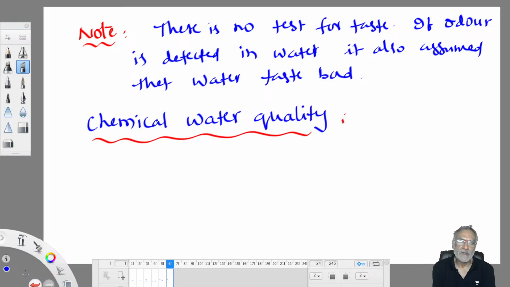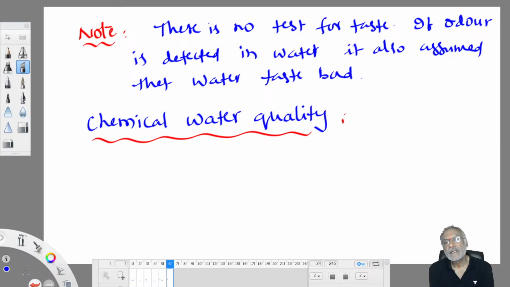Property is also very important for us. Corrosion problem, scaling problem, and other problems also occur because of handling the wrong water. So any substance which affects the health of the public or damages the property is objectionable. The rest of the chemical substances, even if they are present in water, we ignore them.